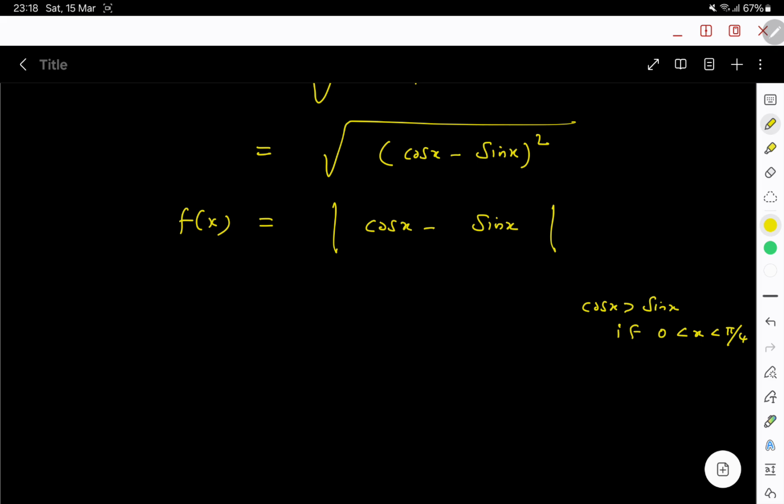At x equal to pi by 4, both sin x and cos x intersect. And if x is greater than pi by 4 and less than pi by 2, cos x is less than sin x, that is sin x is greater.